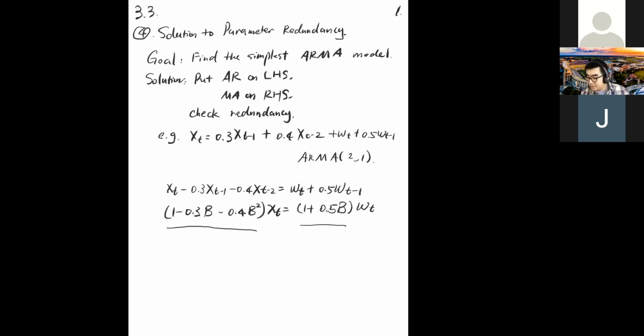So let's do some decomposition on the left-hand side. Okay, so the left-hand side can be written as 1 plus 0.5b, 1 minus 0.8b xt.